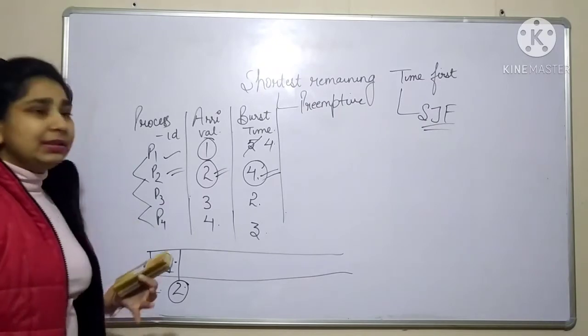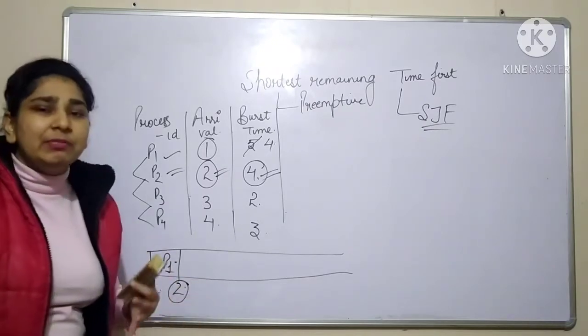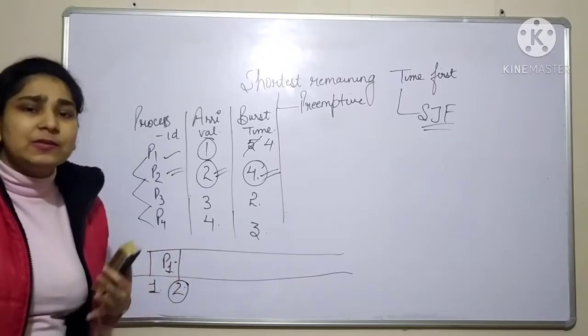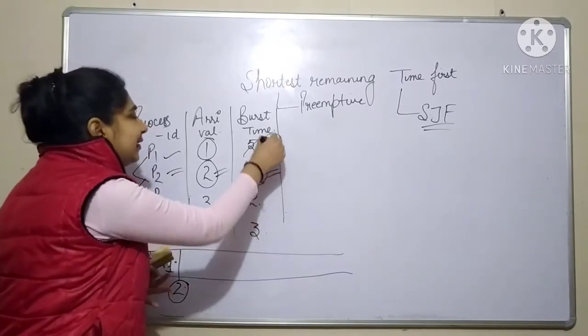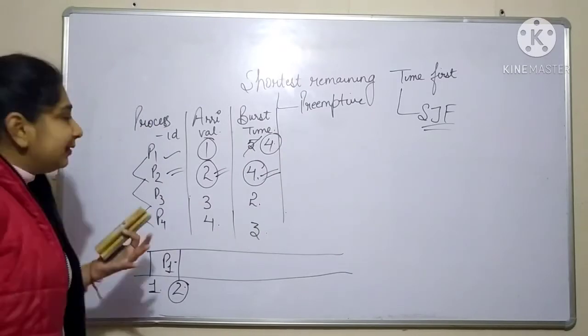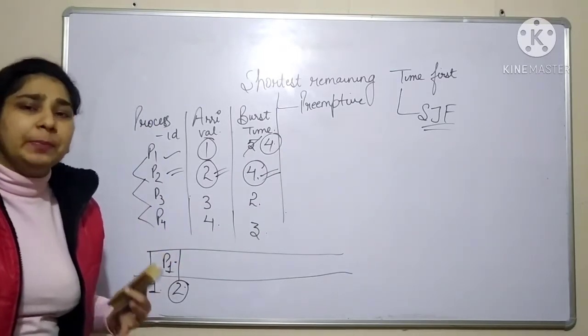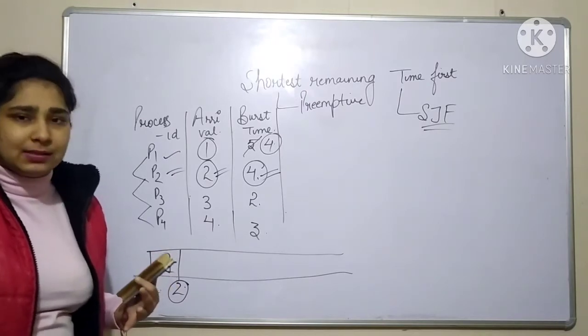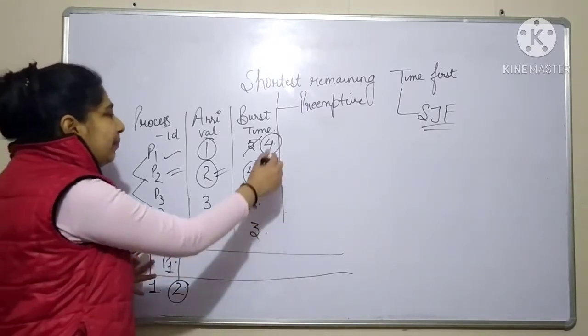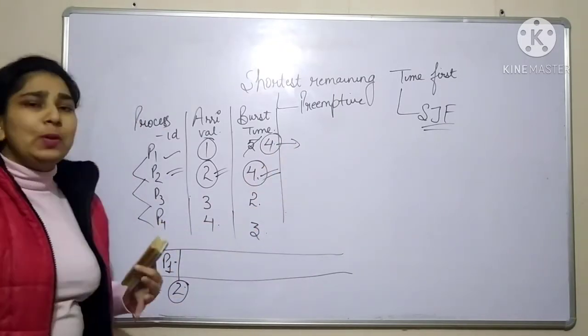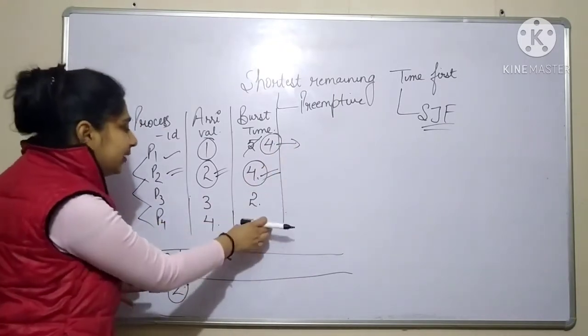If a process in the main memory has less burst time, less CPU time, than the currently executing process, then you will preempt your process. You will give your CPU to the shortest process. We will take back the CPU from the currently executing process and assign that CPU to the shortest process.